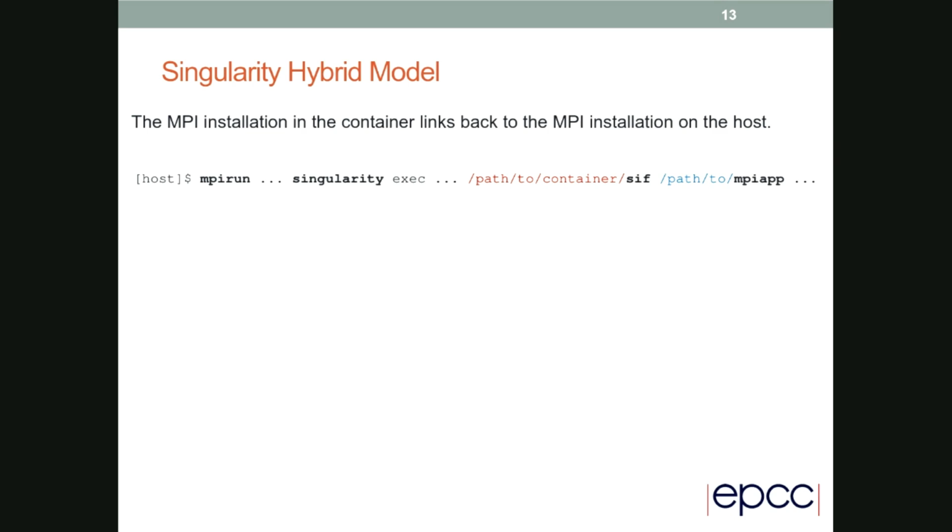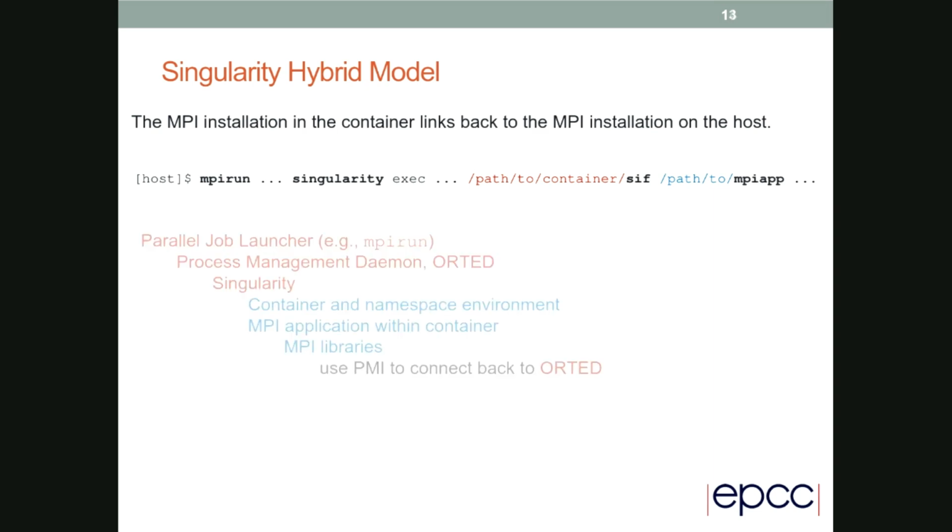That's the path to the CIF. And then within the container, Singularity will launch the MPI application. On this command, you'll notice I've got some color coding. The red is a path that maps to the host file system, and blue is the path that maps to somewhere within the container file system.